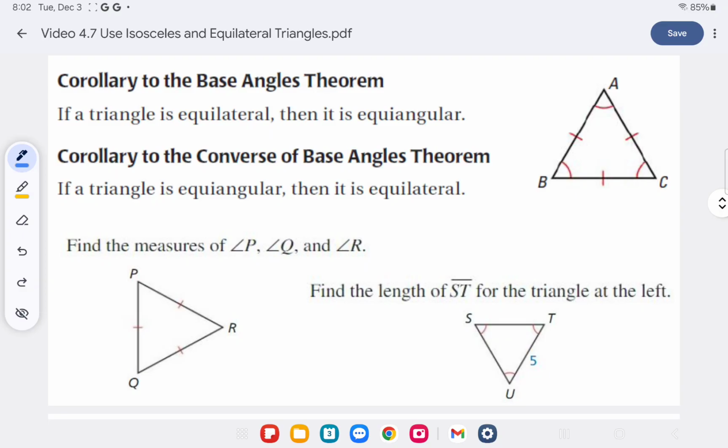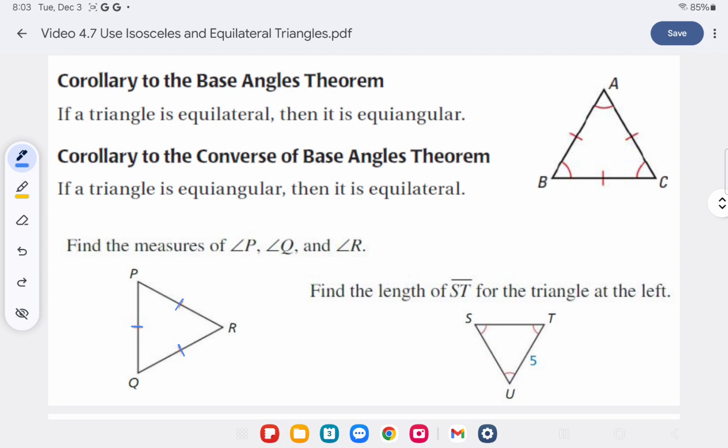So in this first picture down at the bottom in triangle PQR, it says find the measures of angle P, Q, and R, but none of the angles are labeled right now. What we do know about the triangle is that it's equilateral because all of the sides are marked as congruent. So all of the angles are congruent.